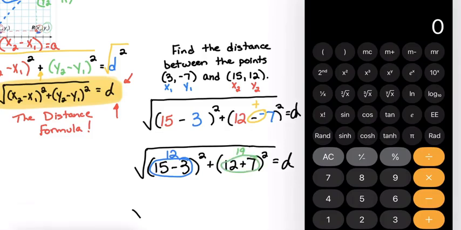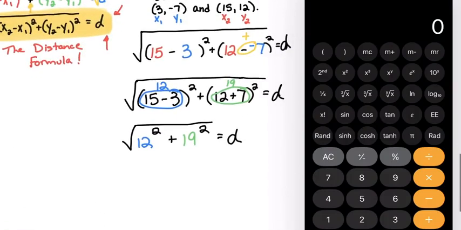So we could put 12 squared plus 19 squared. We're just simplifying what we're going to put into the calculator. We could keep going even farther than that, but I feel reasonably confident I can put that in the calculator without making any mistakes.